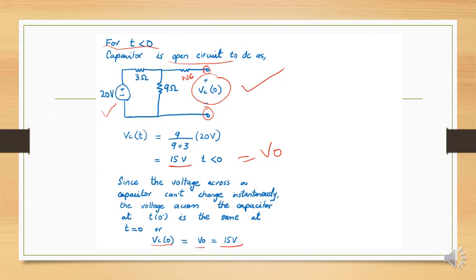Why? Because at t equal to 0, we just removed the source. At this state of time, the capacitor was fully charged. It was having 15 volts across it, right? So it will keep that 15 volts at t equal to 0 only. When we move from t equal to 0 to t equal to 0.1 second, it will start draining out.